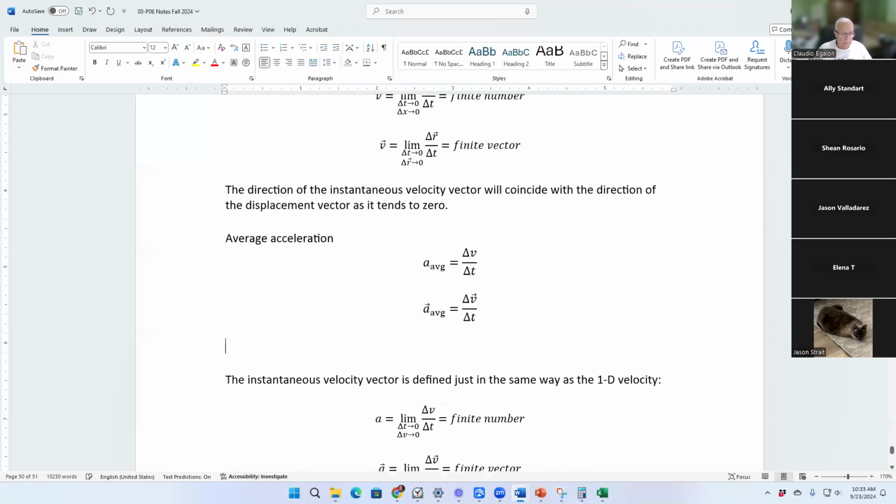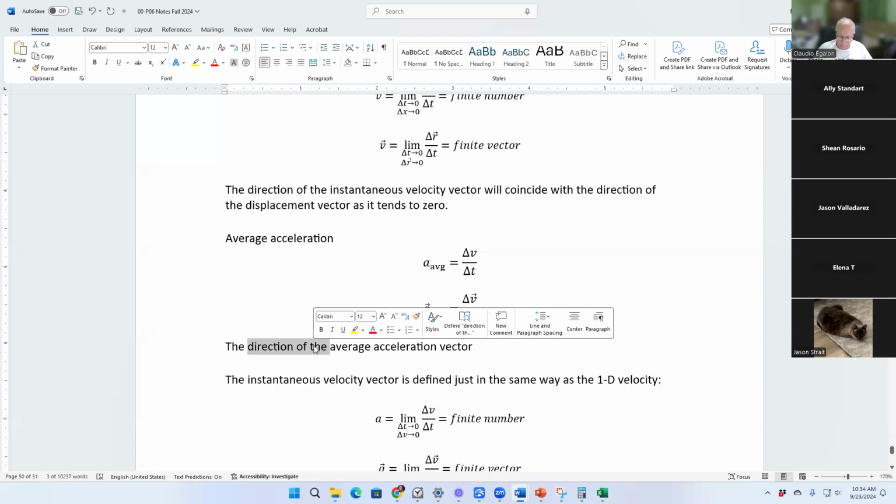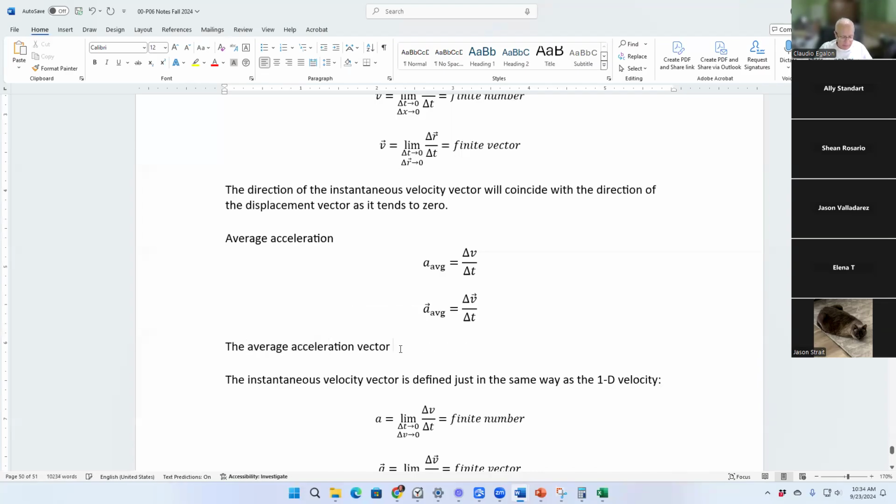Similarly, the direction of the average acceleration vector, instead of the direction, right? The average acceleration vector has the same direction as the delta v vector, because we have a scalar here.